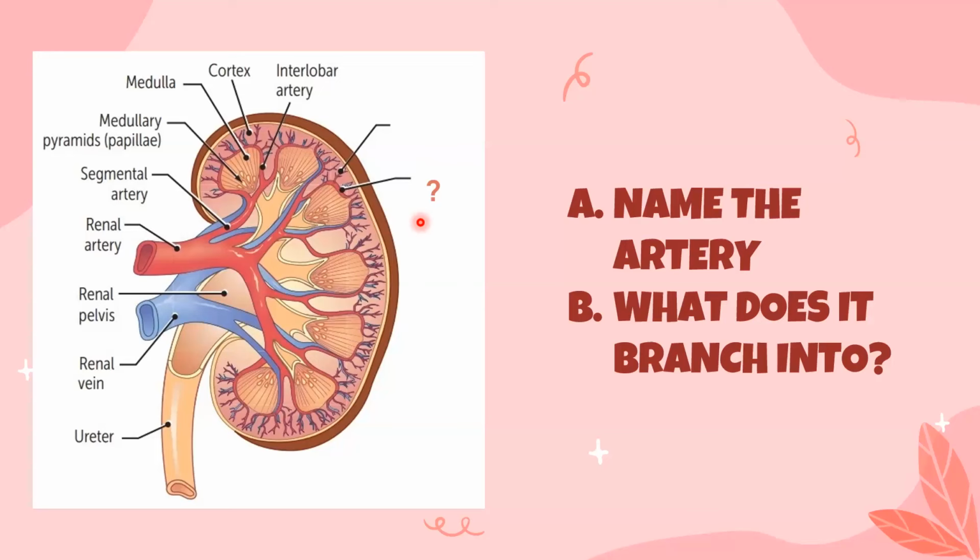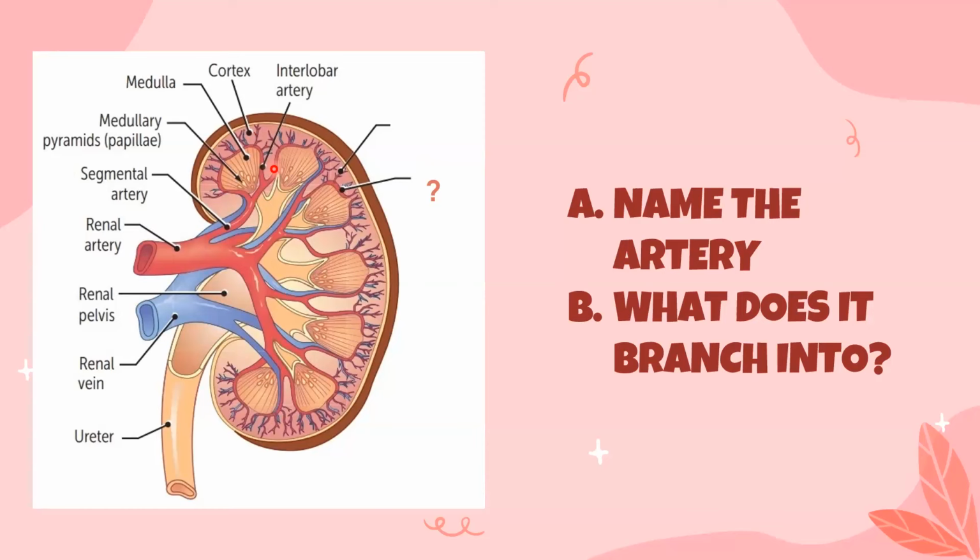So we have those segmental arteries that head towards different lobes, and thus they are interlobar arteries. Okay, so following that here, we have this renal artery that gives me a segmental artery that then goes into being an interlobar artery.